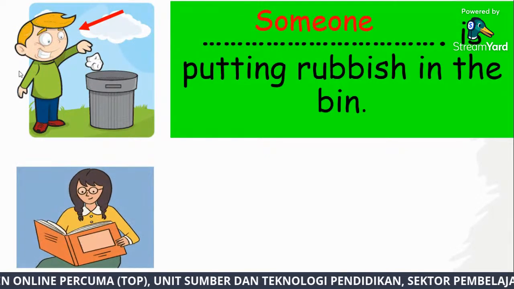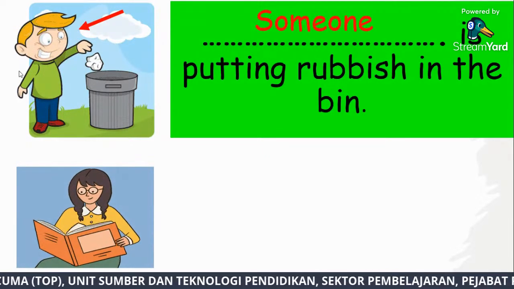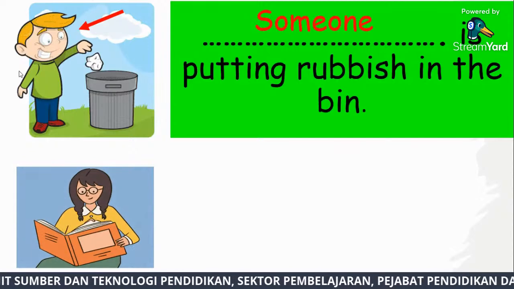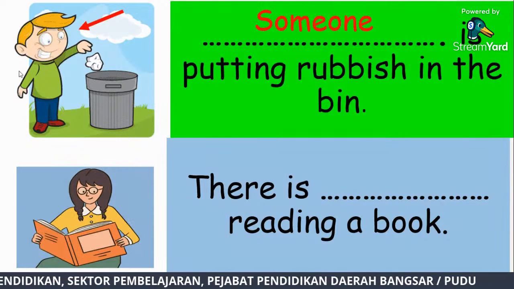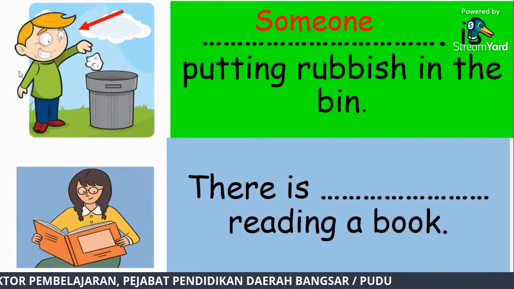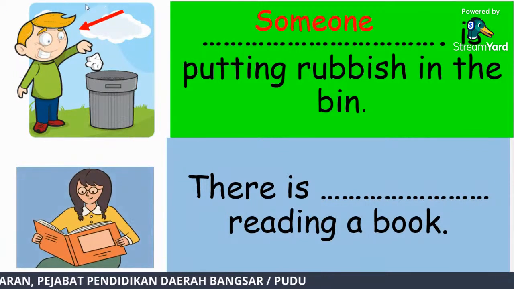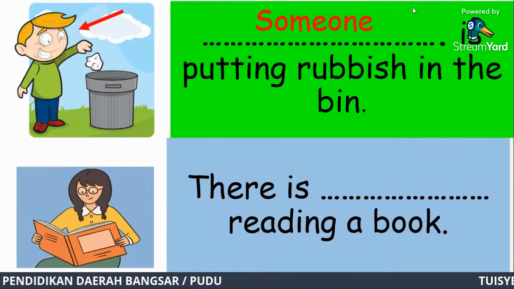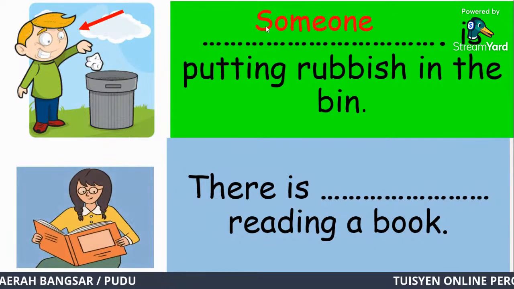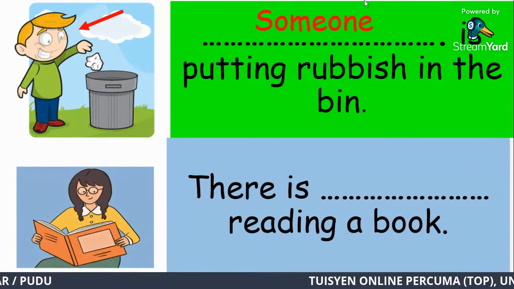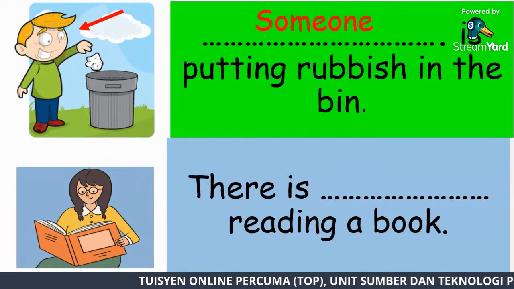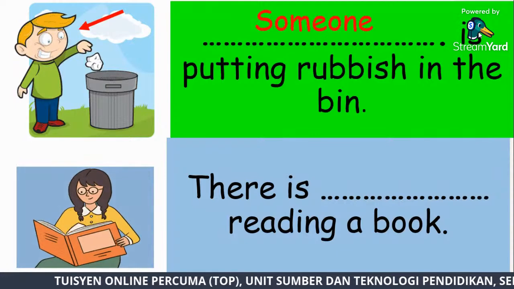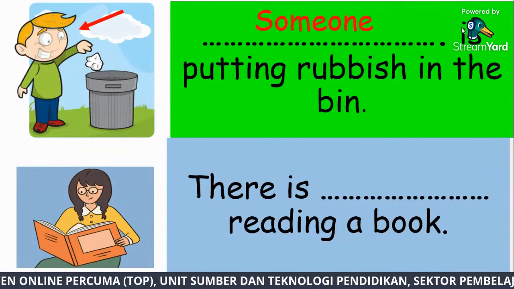And you can see the second picture. There is. It's a two-way sentence. In the first one you can see the indefinite pronoun comes first, then followed by a singular verb, right?